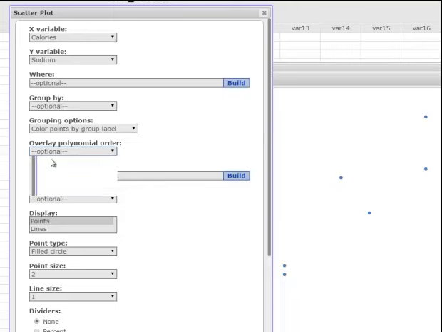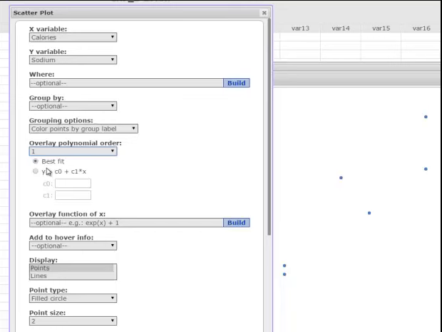If I click on the down arrow and select 1, you'll notice that it's defaulting to the best fit, which is going to be the regression equation that we found previously. Alternatively, if I had some other slope and intercept that I thought was a good fit, I could override that here. But we're going to go with the least squares fit that's outlined in the text.